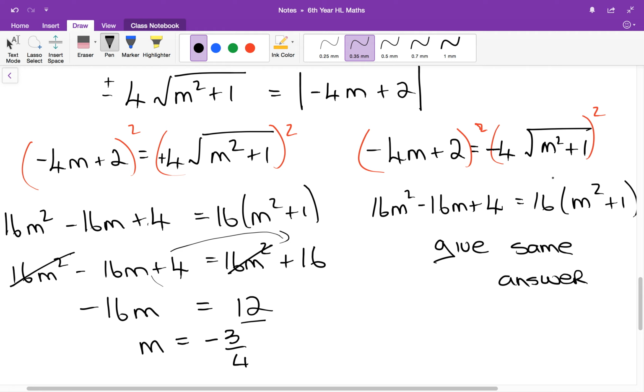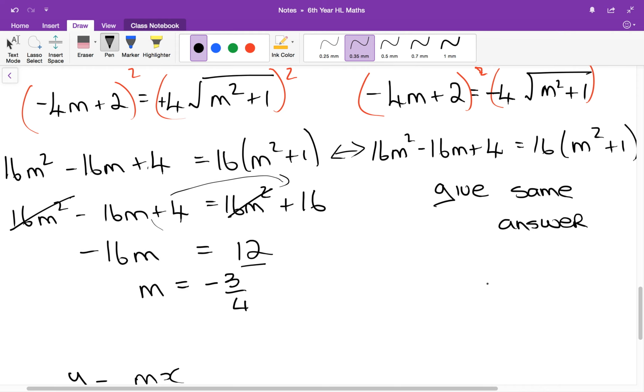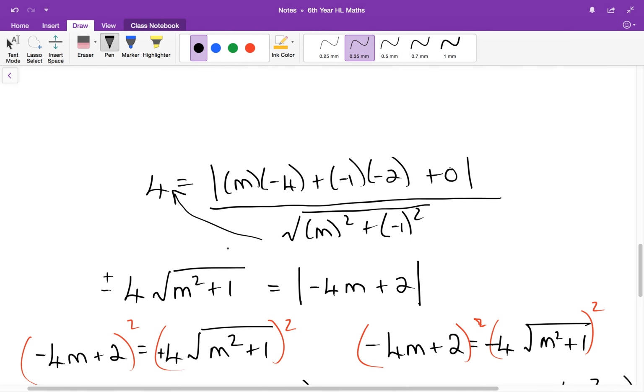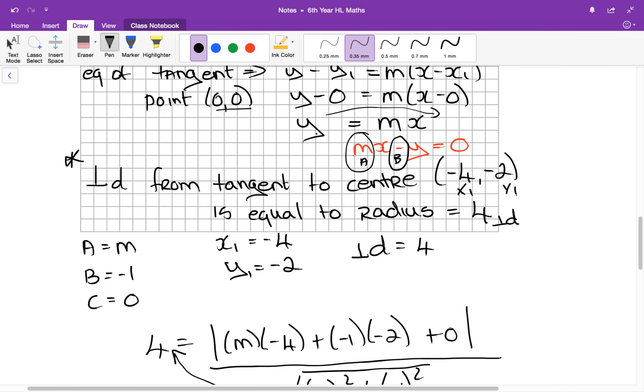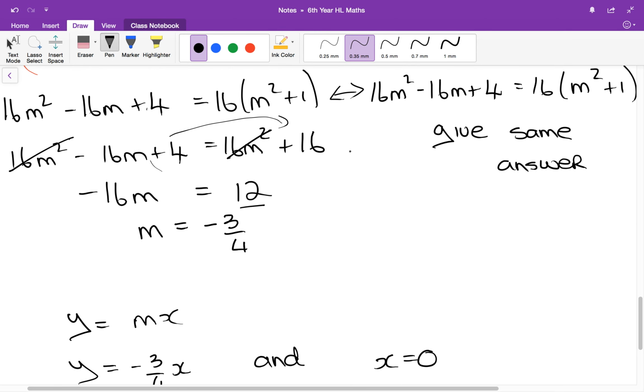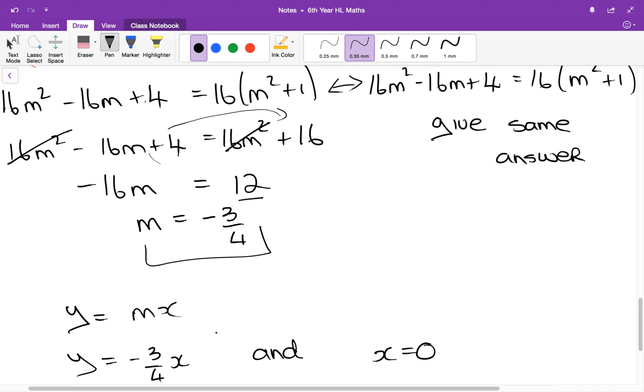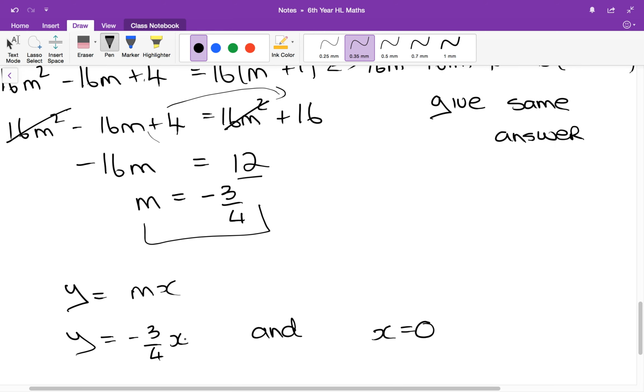Now I went to start it over here, but because you're squaring this minus 4, those two lines are identical, so you end up with the exact same thing and you get the same answer. So the equation of our tangent was y equals mx, and I now know what m is, so it becomes y equals minus 3/4 x. That's a tangent.